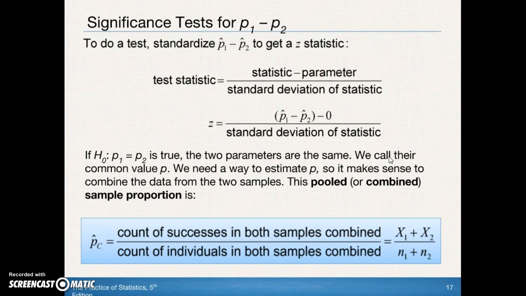Because we want to find out the difference between the two parameters, our standard deviation of our statistic will look the same, except that we're going to use a p-hat c. And a p-hat c is where you combine the successes from both groups and the total of each group. We'll go through an example of that together as a class to show you what it means to have a combined sample proportion.